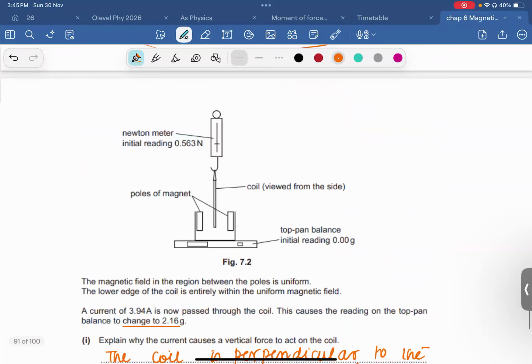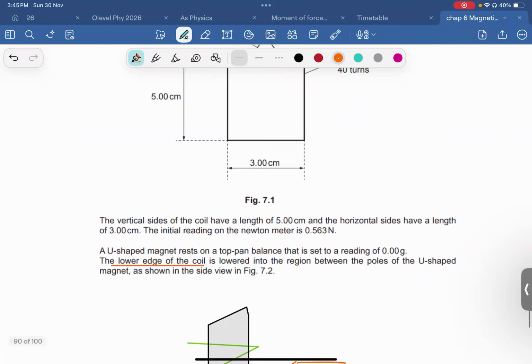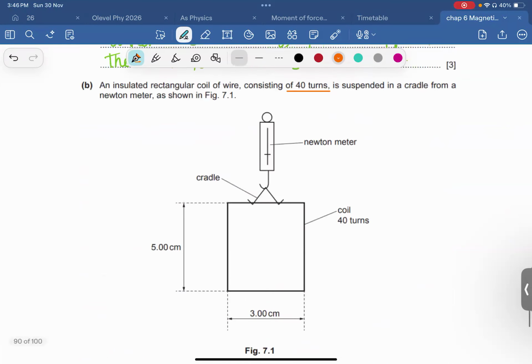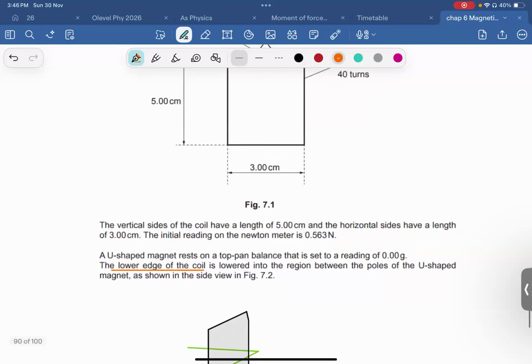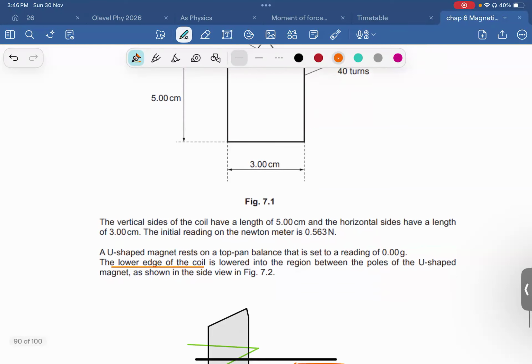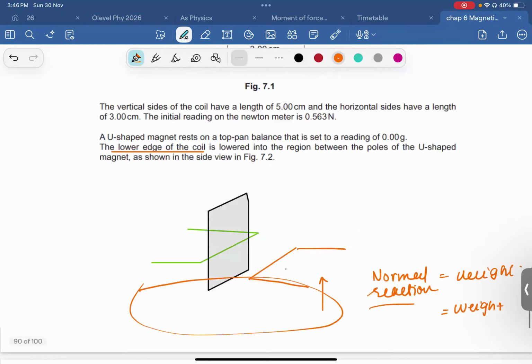So the Newton meter initially reads this much, and the top pan balance as well. And when you lower the magnet, the initial reading on the Newton meter.